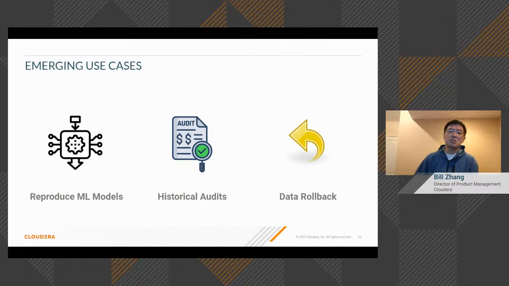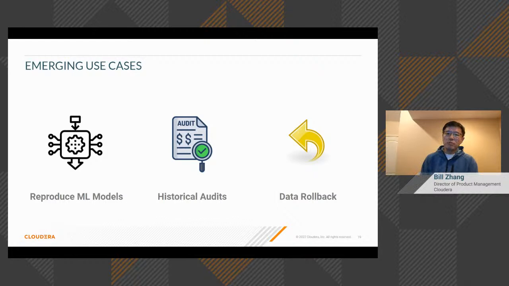Now, the second thing is historical audits, which is especially true for a lot of the financial services companies that I've been running into. Very often they want to audit data changes. It's very critical for historical audits and financial audits, both in terms of data compliance and simply for debugging, to understand how data has changed over time.